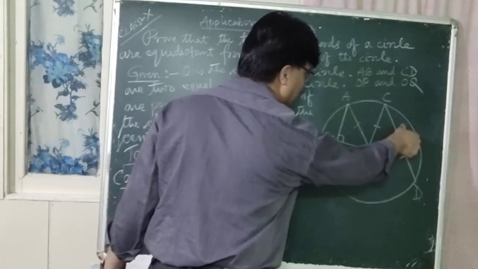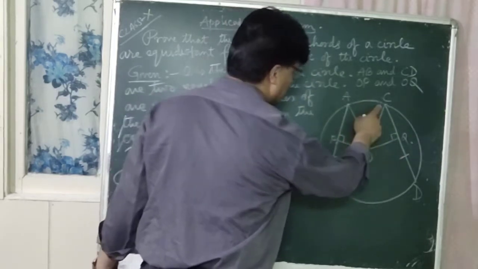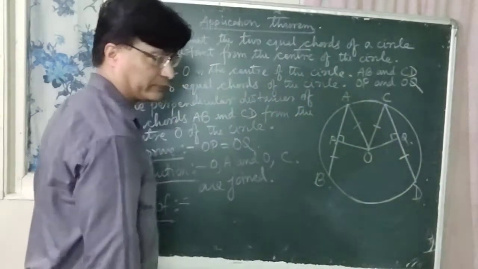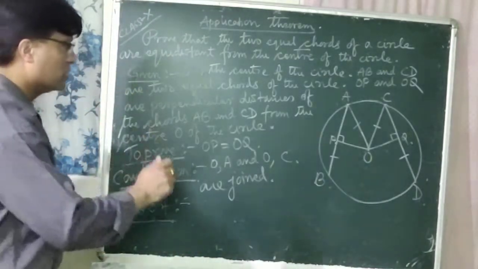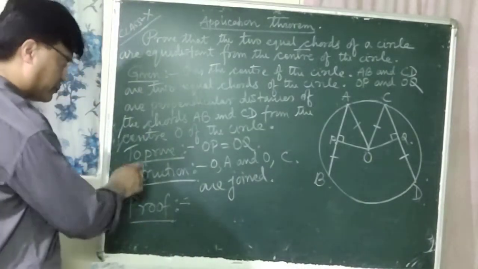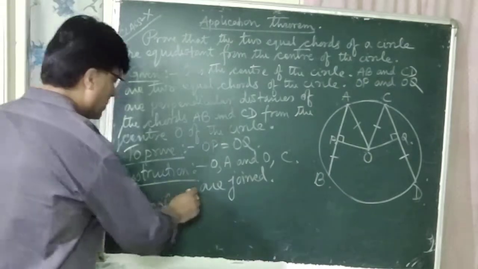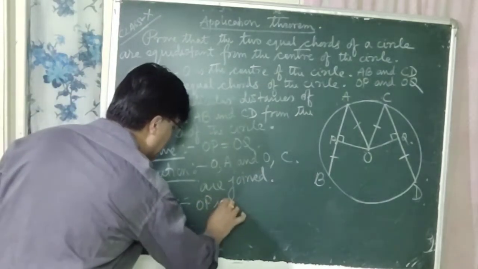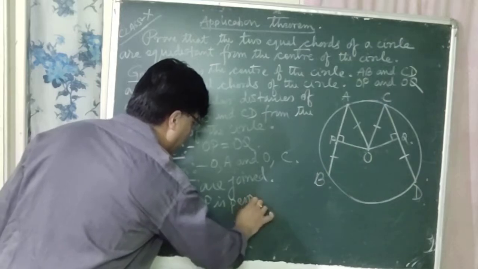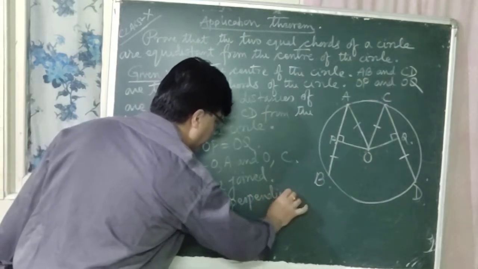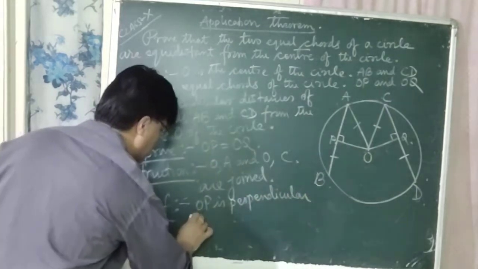That means OQ will bisect CD. That means CQ = QD. Is that clear to all of you? So write down proof man. अब हामी प्रमाण गर्छौं OP is perpendicular to the chord AB.